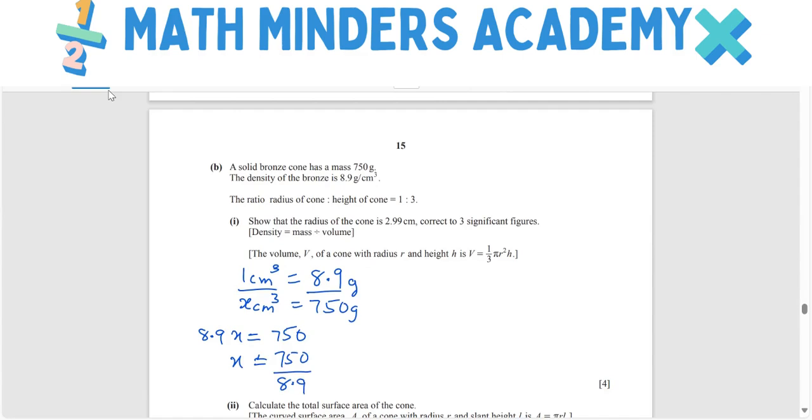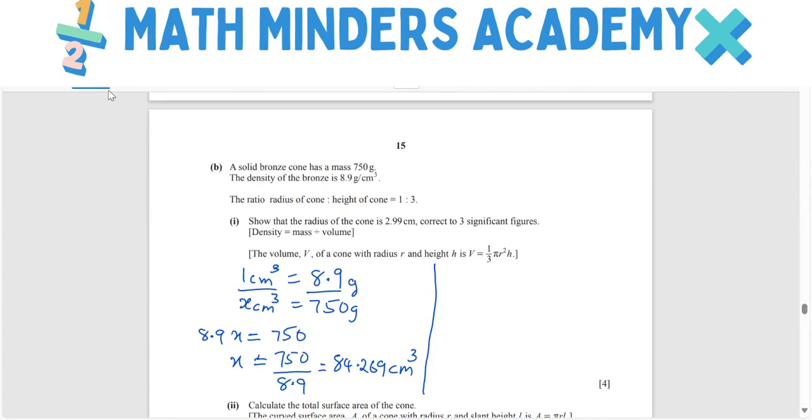Okay, 750 over 8.9. And this will give us 84.269, okay? Since this is the volume of the bronze, whose mass is 750 grams, okay?